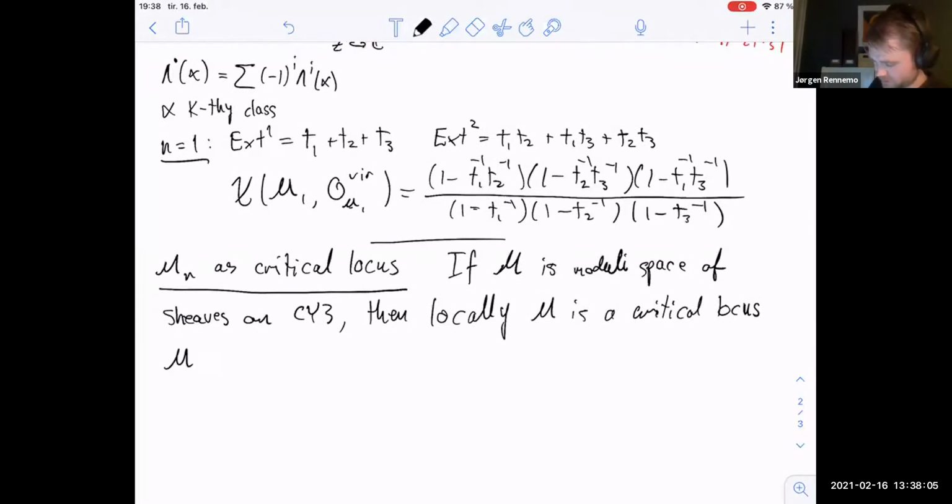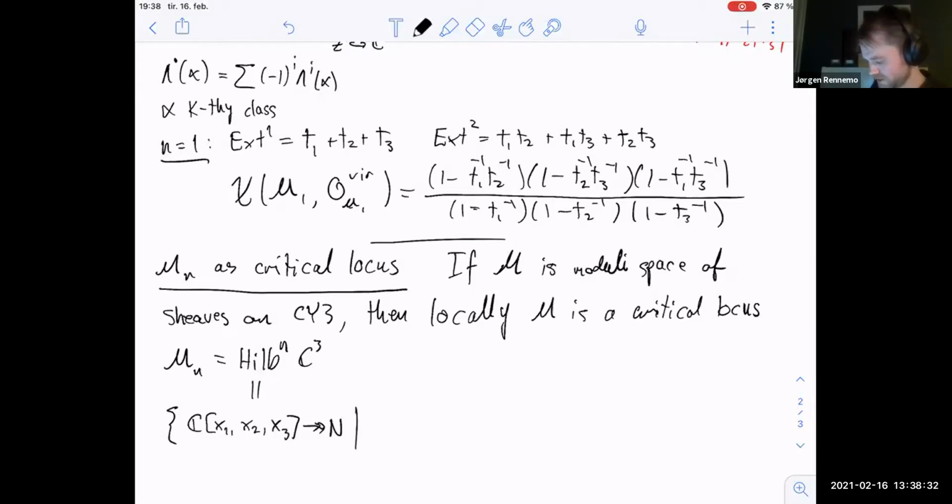So how do we see this? Well, this is the construction where you start with Mn, which is Hilbert of C3, and here the useful description of Mn is as a set of surjections from the polynomial ring in 3 variables to N, where N is a module over this polynomial ring, and its dimension is n.